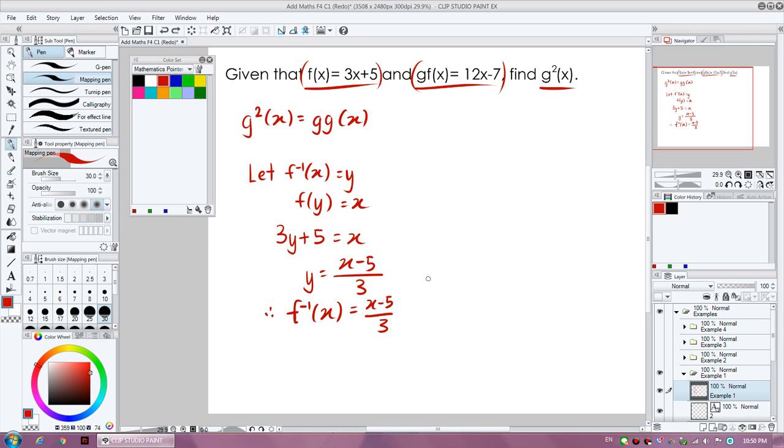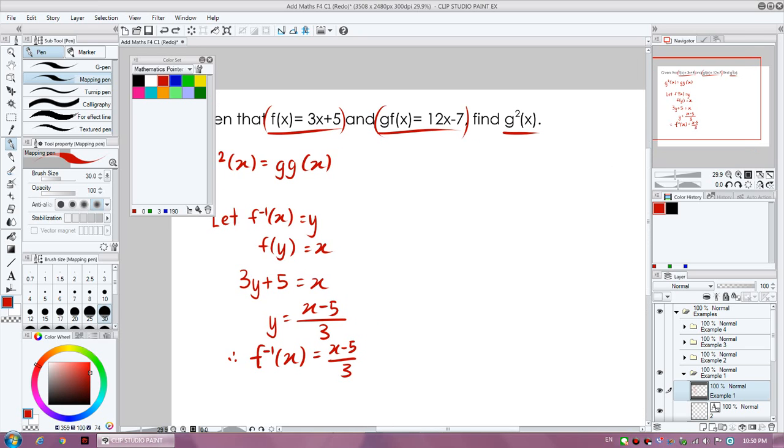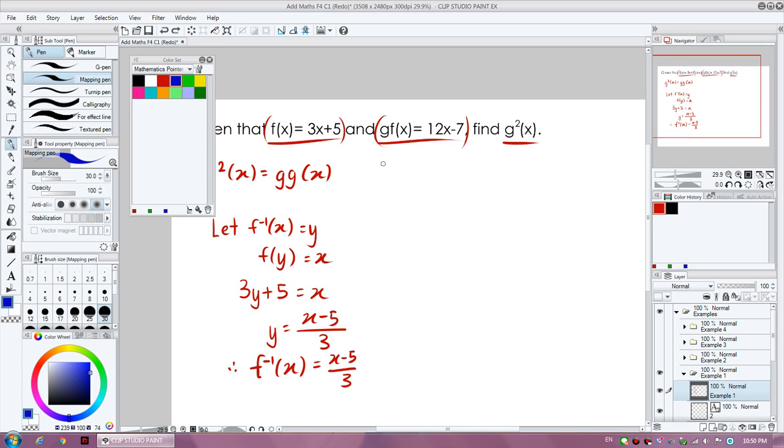Now that I found the inverse function for f, I can find the function g. So g(x) would basically be g f f negative 1 x, because the f and f negative 1 cancel each other out, and then you can still find g.